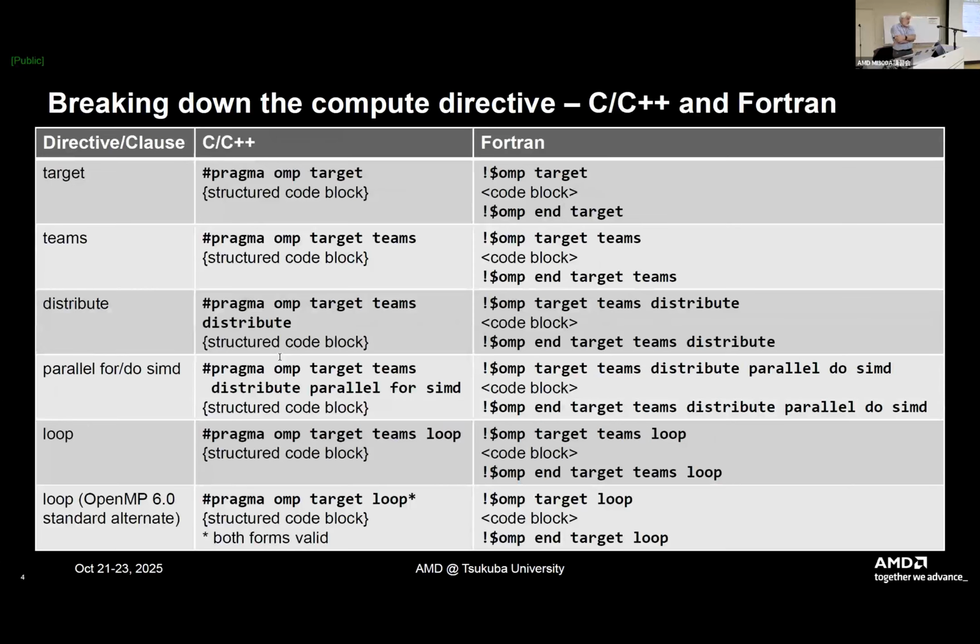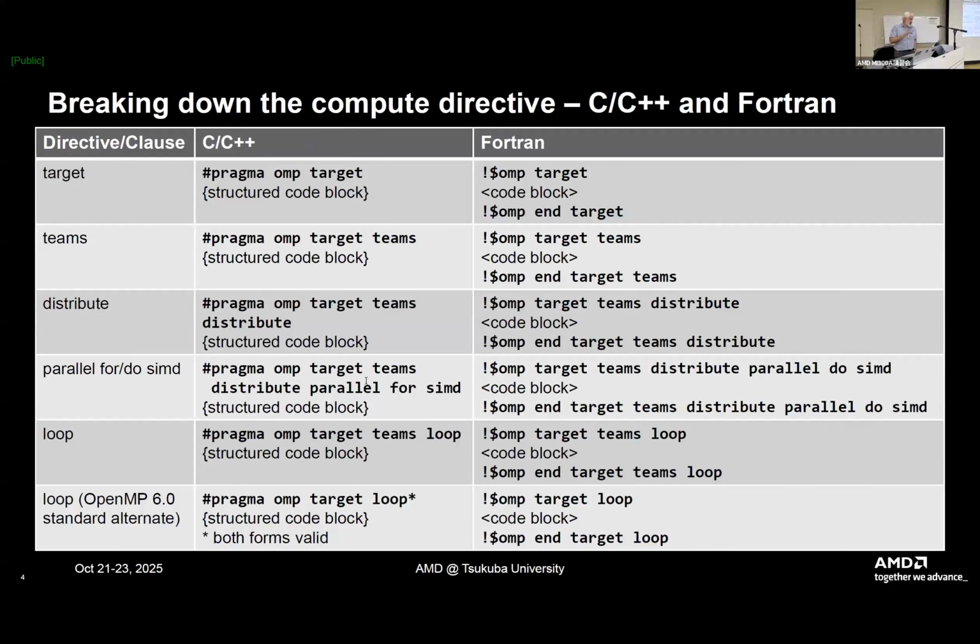So here we're seeing that OMP target directive, which is just going to offload to a single thread on the GPU. And then we see the teams. We can add target teams. We can add target teams distribute.